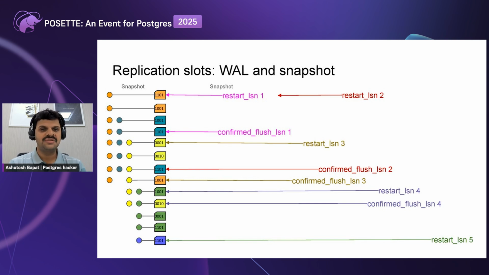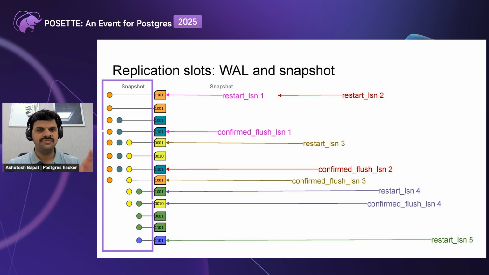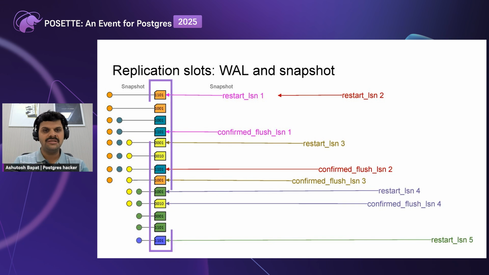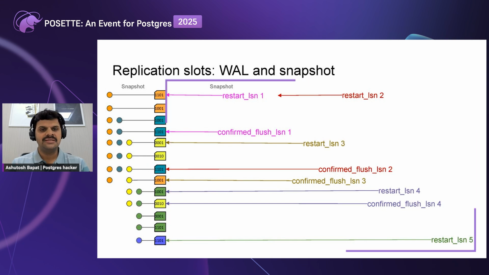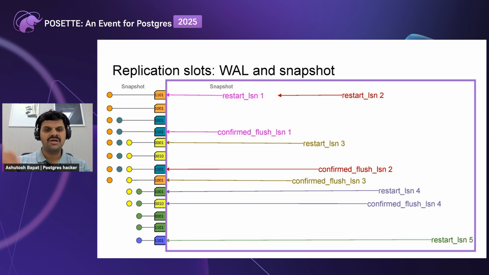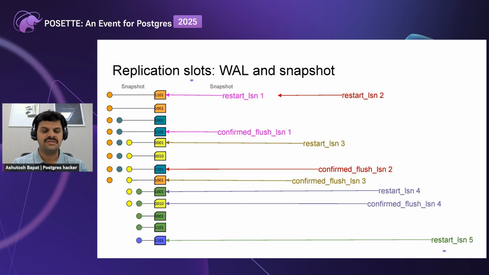In this diagram, you will see that on the left side, we are maintaining a snapshot of the transactions that are currently going. In the middle, you will see the WAL stream. And for each WAL record, you will see the snapshot at that time on the left. And on the right, we see the progress of the replication slot, how it is moving forward.